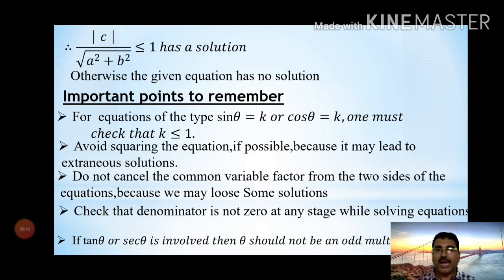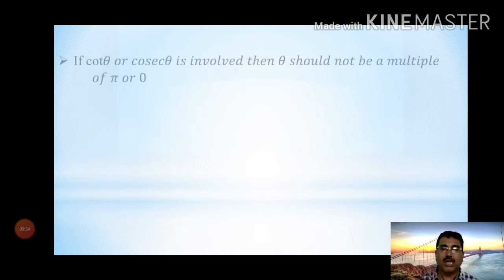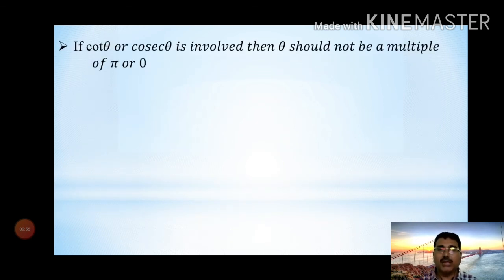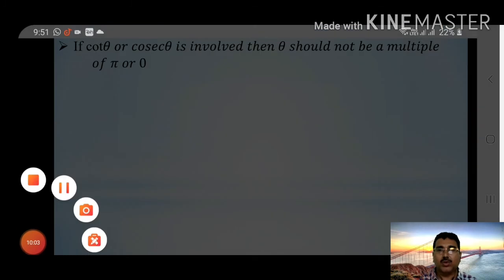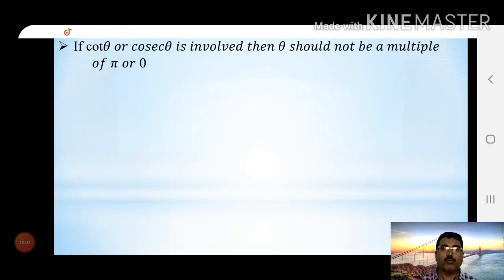So if tan theta or secant theta is involved, then theta should not be an odd multiple of pi by 2. Similarly, if cot theta or cosecant theta is involved, then theta should not be an integral multiple of pi.